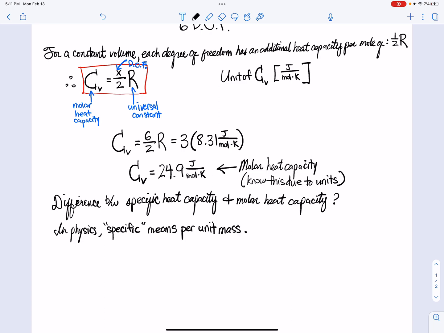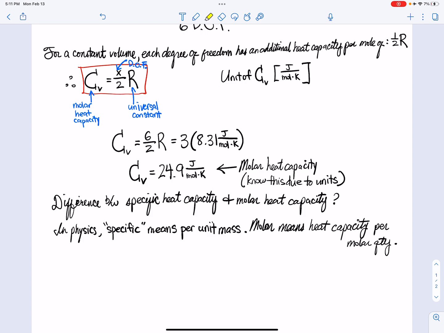So per unit mass, probably per kilogram or something like that, right? And molar heat capacity is the heat capacity per molar quantity, right?